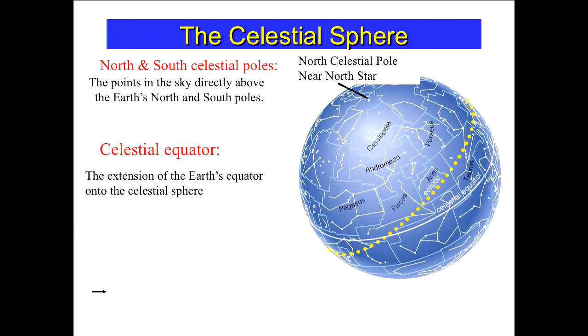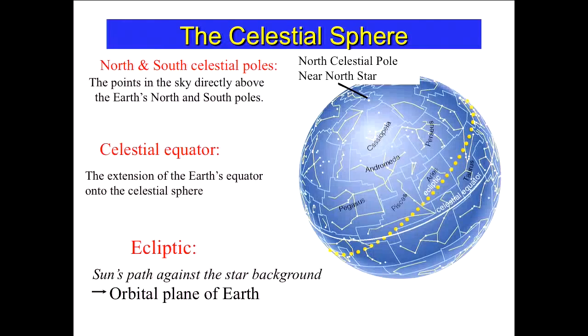It moves relative to the background stars. And that locus of points, the set of points where the sun resides day after day after day during a 365-day year, that's called the ecliptic. It's the sun's path against the star's background, the celestial background.